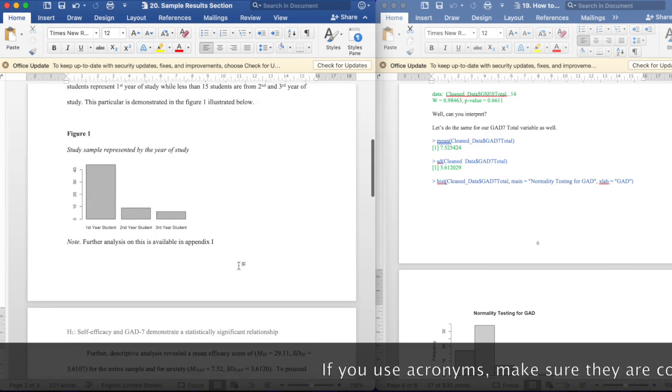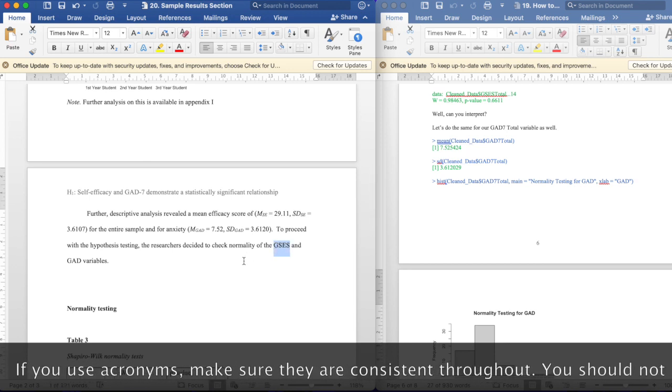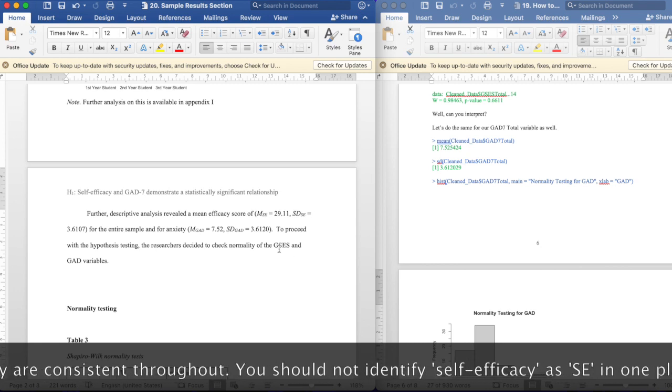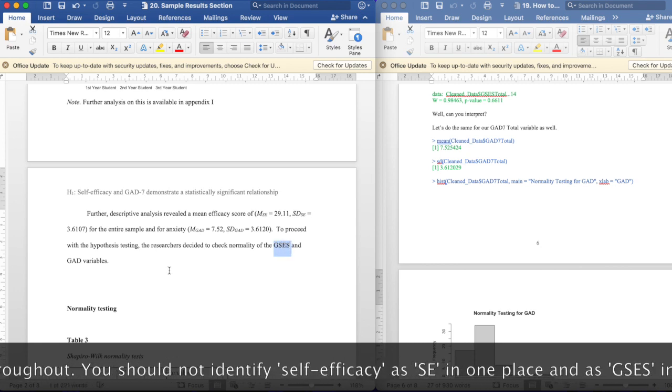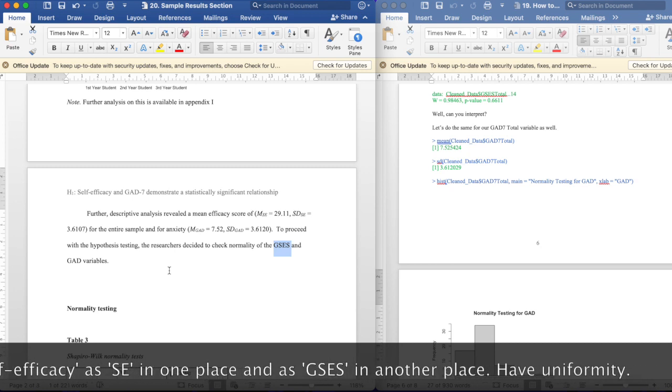Now, of course, here I am using these acronyms because this is under the impression that we already have written the introduction section, and in the introduction we already have identified these acronyms. Okay, that's why I wrote it like this. If not, you would have to, of course, write them the first time you use it.